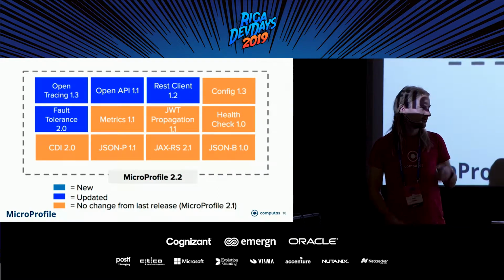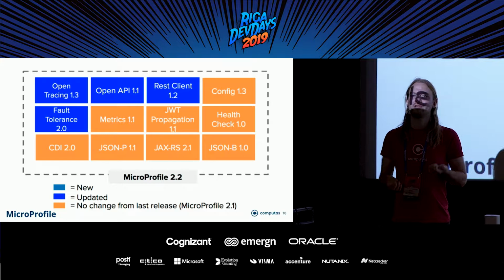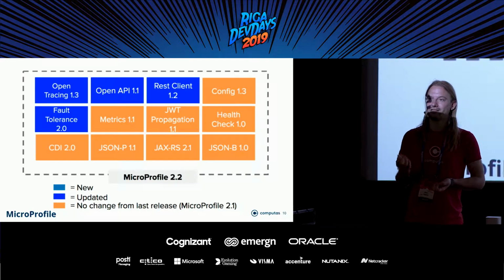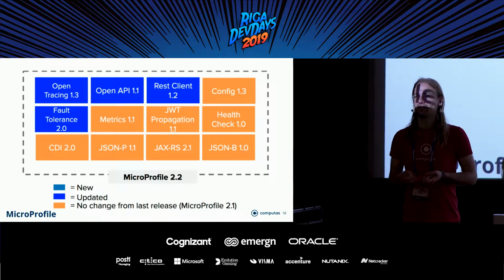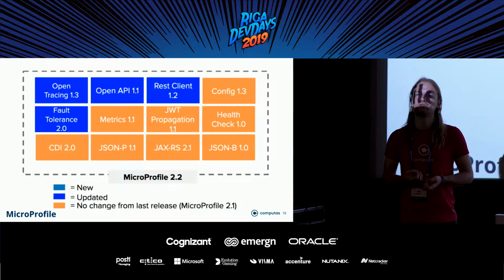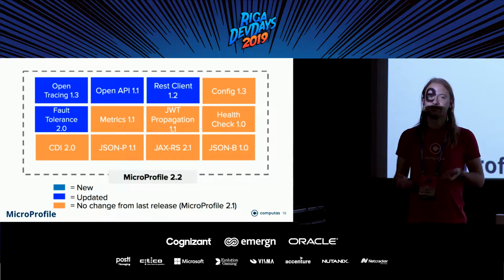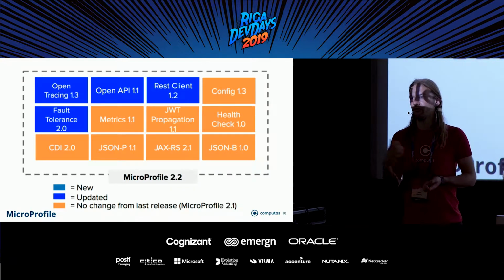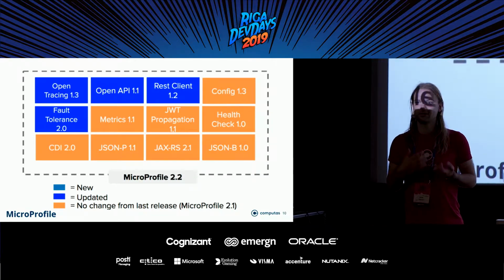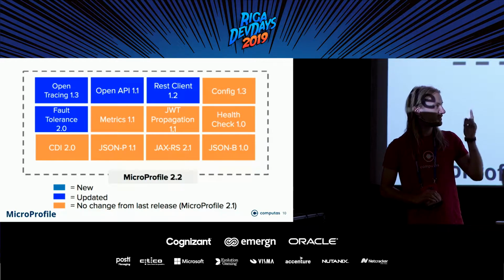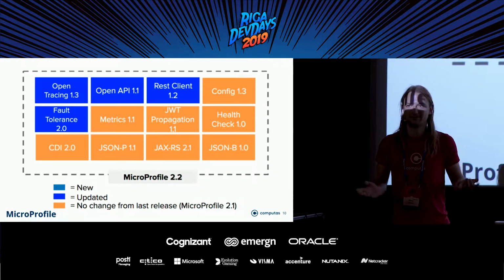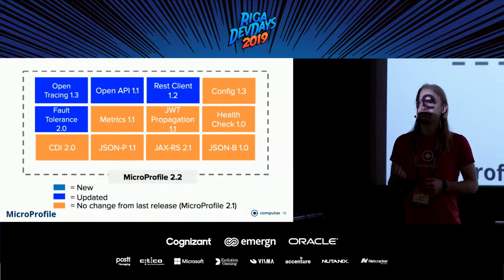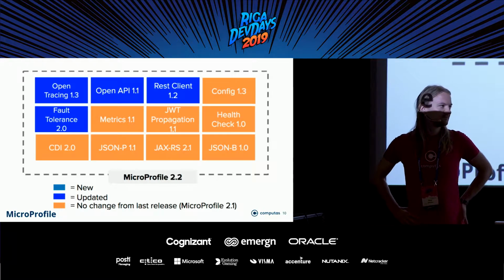But with MicroProfile, the designers of the standard are clearly taking a stance: these are the standards we want you to use, what we consider to be modern standards. You should go for JSON and not XML, REST and not SOAP, and so on. If you do these things, it's easy, and if you do other things, it's hard. It's a bit the same idea as convention over configuration.